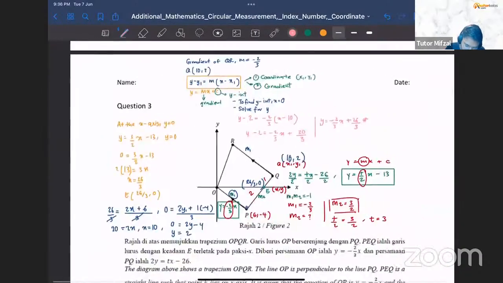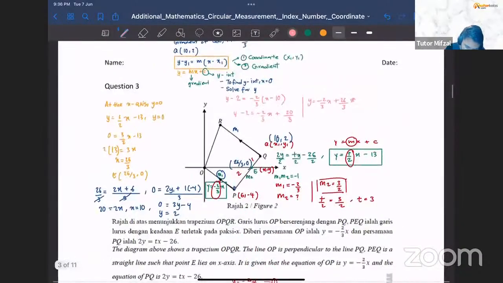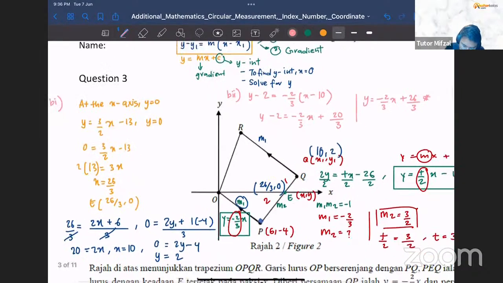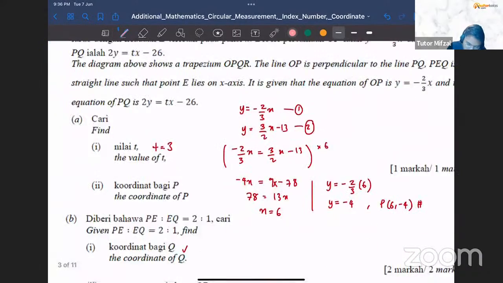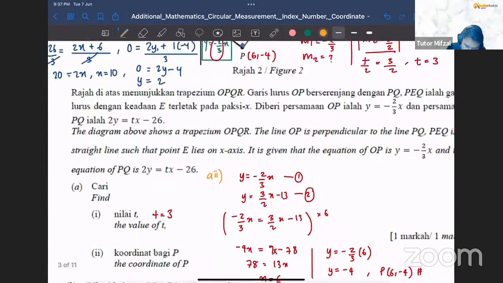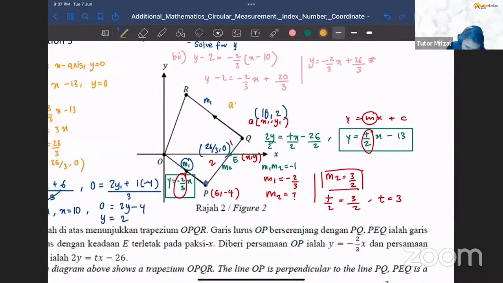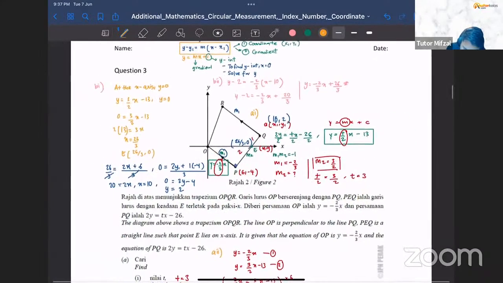So this is for apa, B2, B1, A2, A1 mana? Ni A1. Okay.